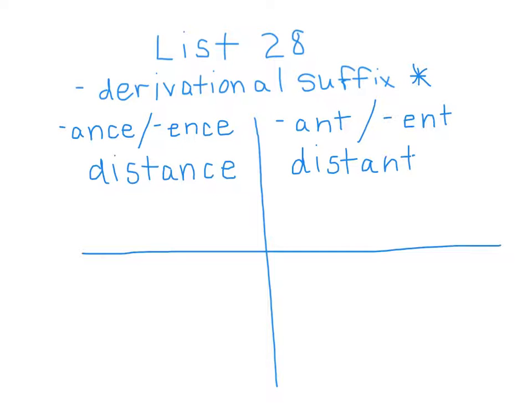All right, if we're going to look at the next word that would go in the ANCE column, coming on down my list, the next one that I see is importance. So importance would go next under ANCE, and then across from that with the ANT, I want to write the related word important.